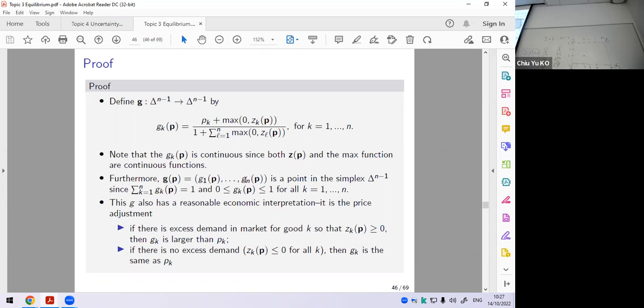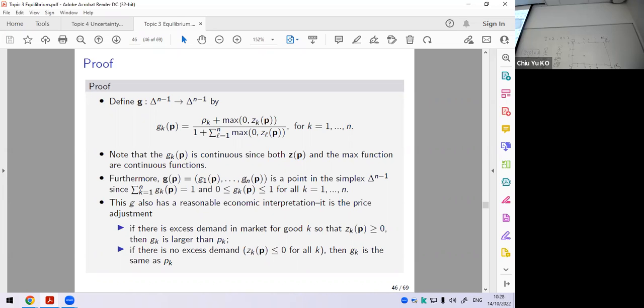That means it is always a fraction. And Z is a continuous function, because it's a number and it's continuous, and using the max function is also continuous, so everything is continuous.